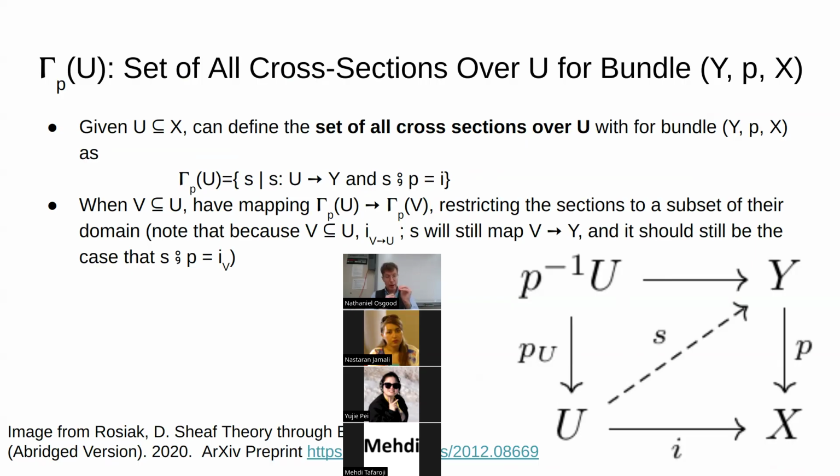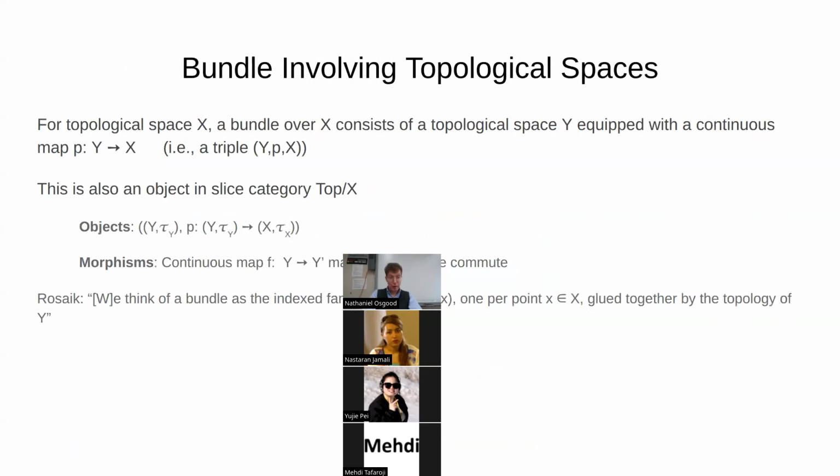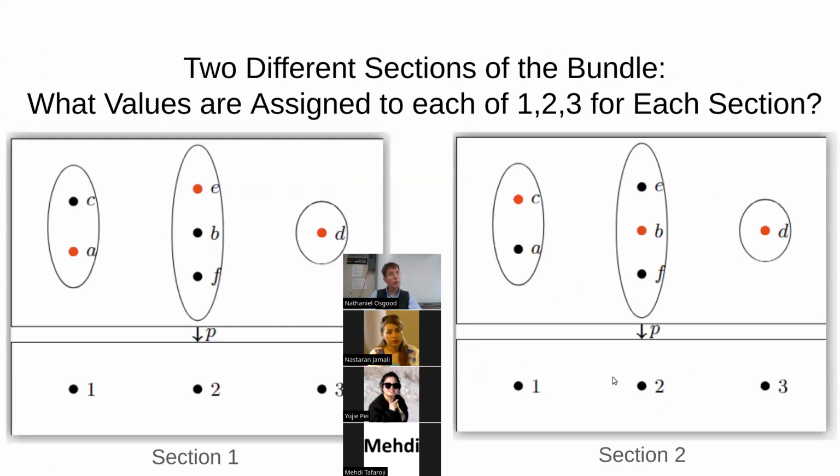Say one open set is a subset of another, like V arrow U. We have a set, a set of sections over that set U. Is this a set? Yes, it's a set of sections over U. Remember, we talked about that. For example, the set of sections over 1, 2. It's a set of possible sections.